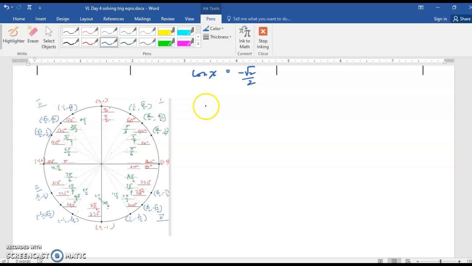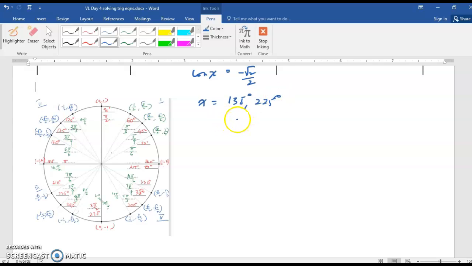So here, to make our matter simple, we'll just look at 0 to 2 pi, okay? Within 0 to 2 pi, in this unit circle, this is valid when the angle x is 135 degrees or 225 degrees.